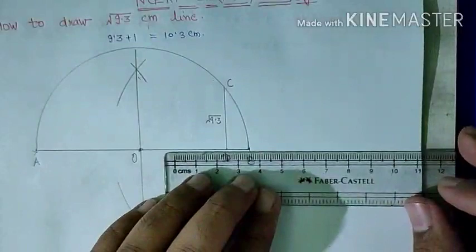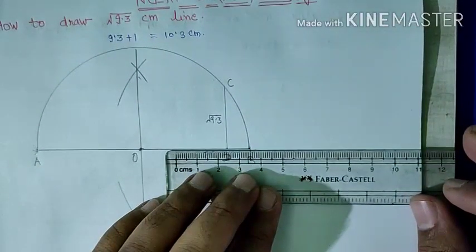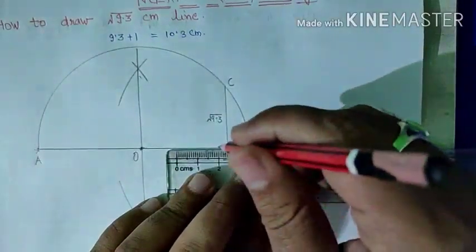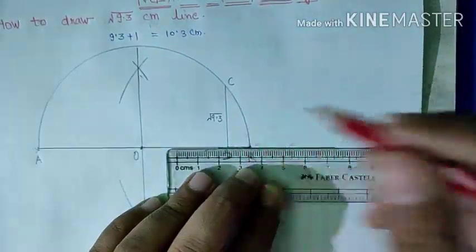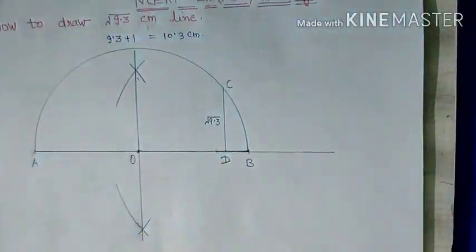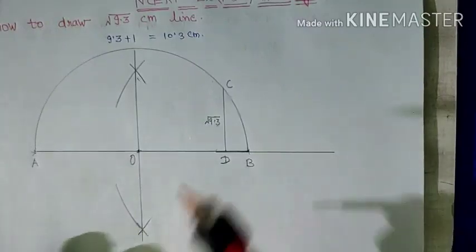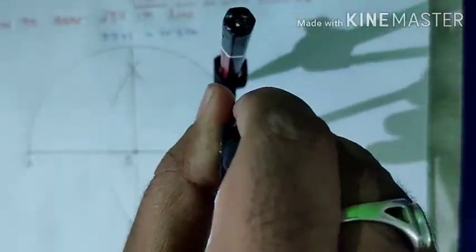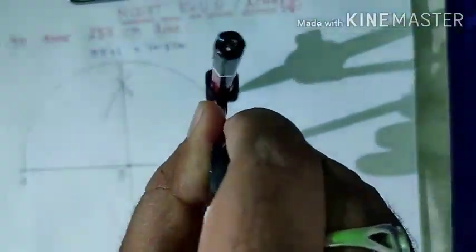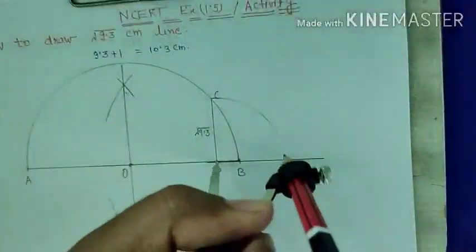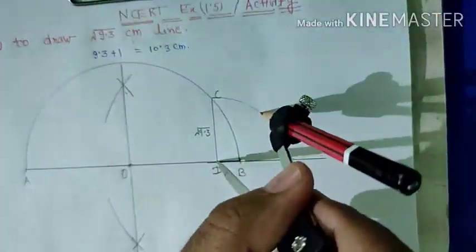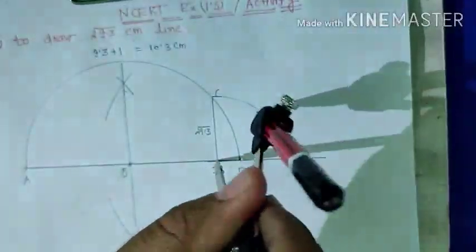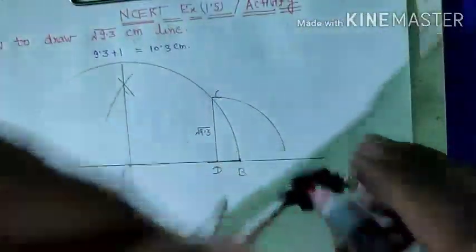Now what you will do, just increase the line a little, which we made earlier. So just make this arc cut this line.